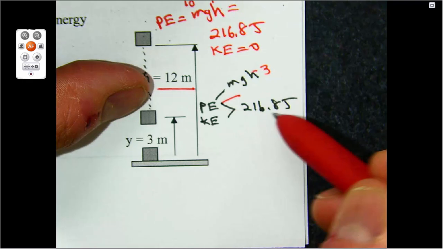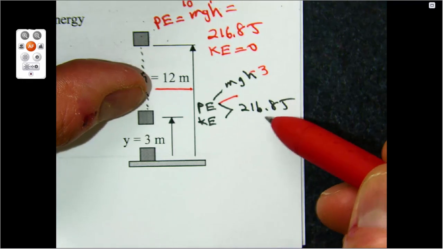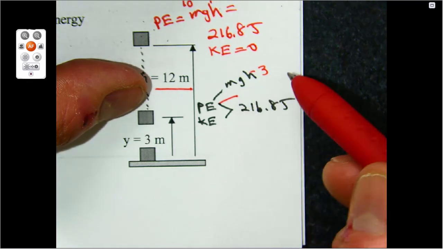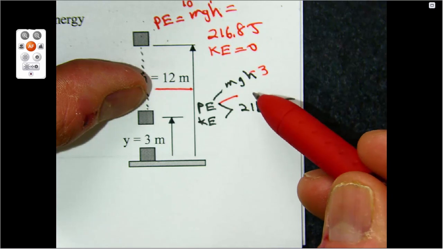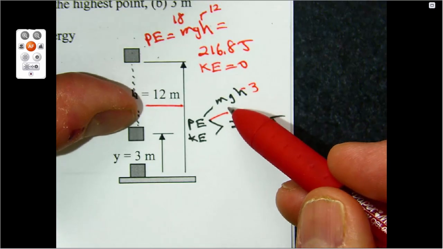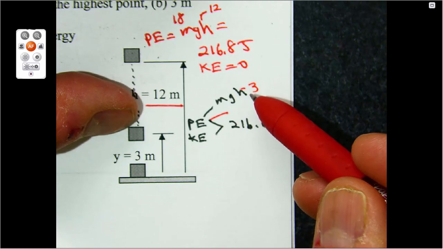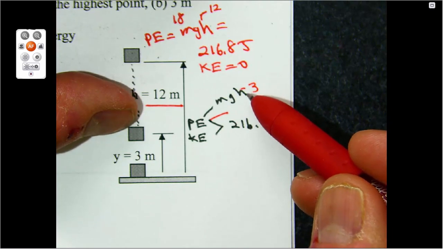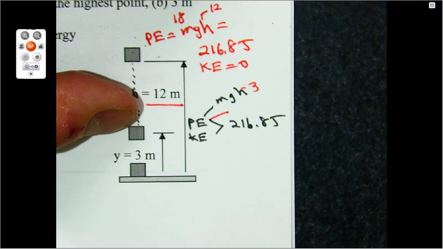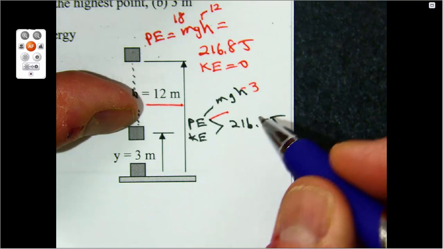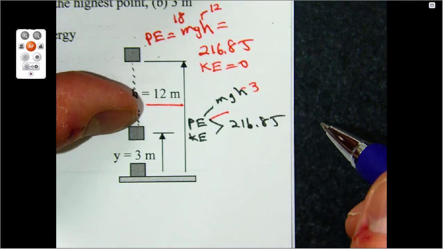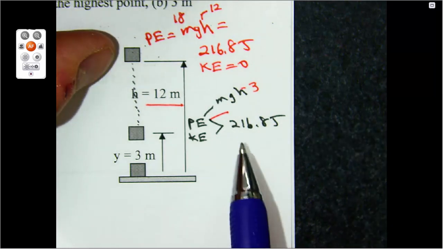These two added together are going to have to be 216.8. So if we figure out mgh, which is the fastest and easiest, when you plug in the same mass of 18 times 9.8 times 3, what do we get for potential? How much? Can't be 529 if we only started with 216.